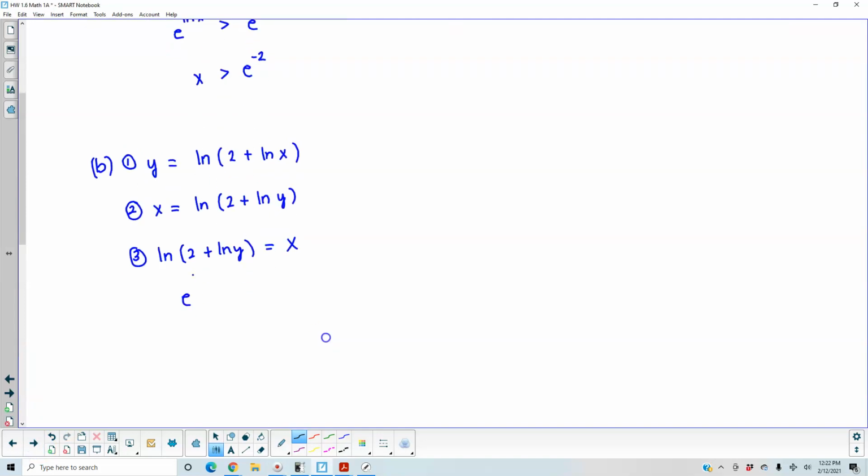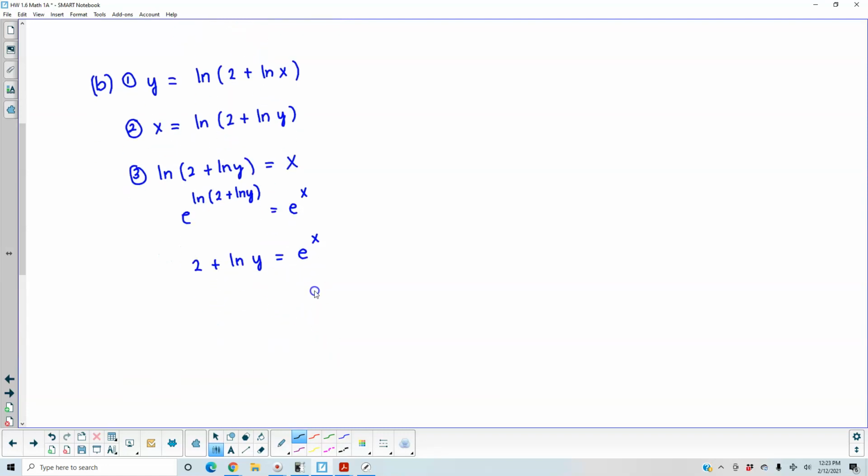So we have e to the natural log of 2 plus the natural log of y, which is equal to e to the x. And so now that leaves us with 2 plus the natural log of y, which is equal to e to the x.